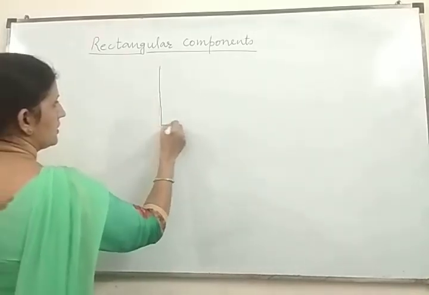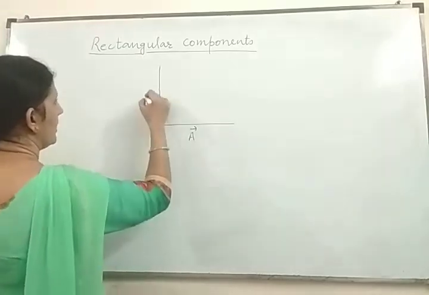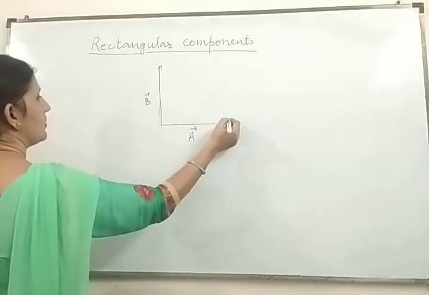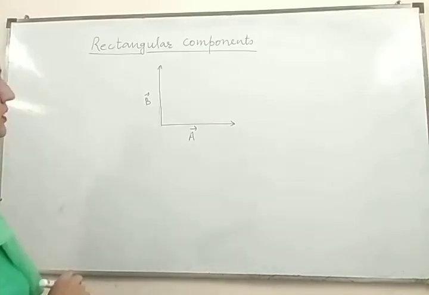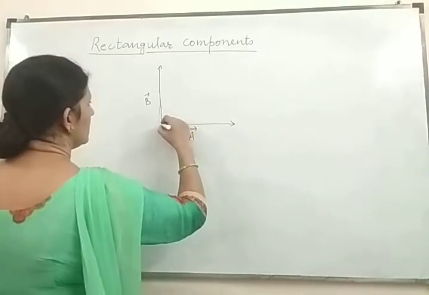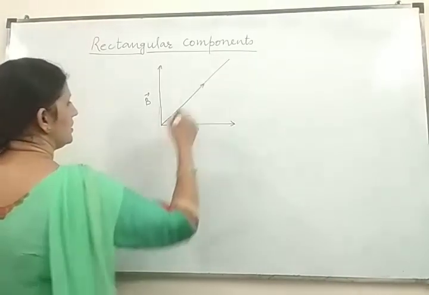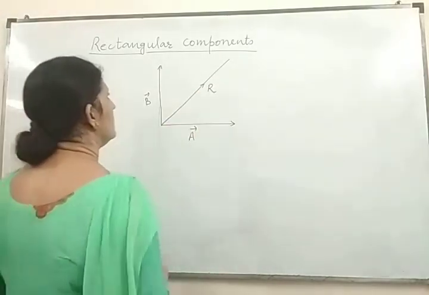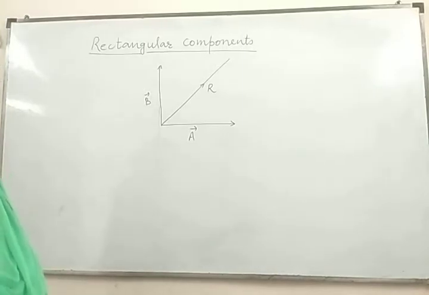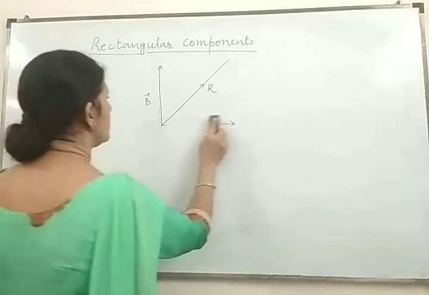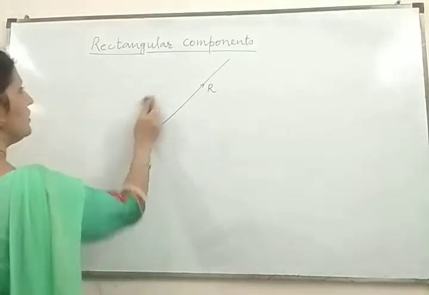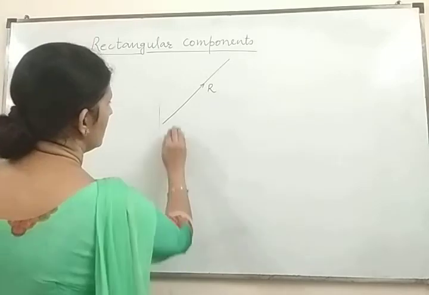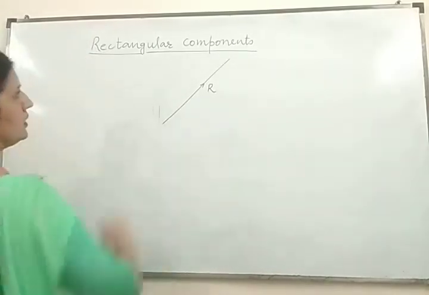Suppose these two vectors, vector A and vector B, are perpendicular to each other and represented by the two adjacent sides of a parallelogram, then their resultant is given by the diagonal of the parallelogram, and this is R. Now if these vectors A and B are not given to you, only the resultant is given, then how will you resolve this vector R along the x-axis and along the y-axis?